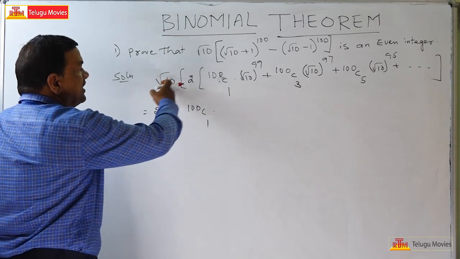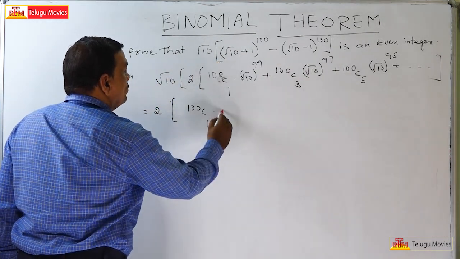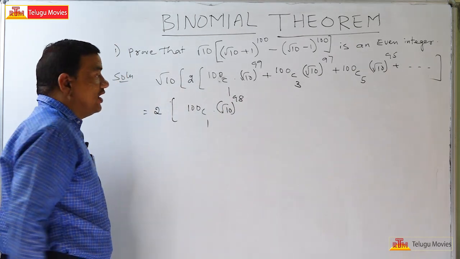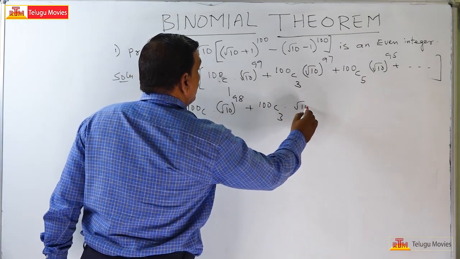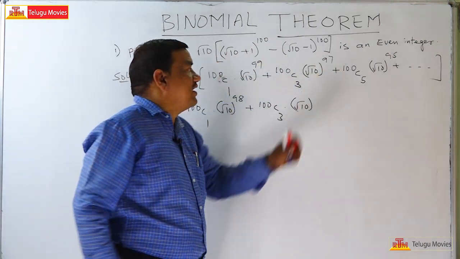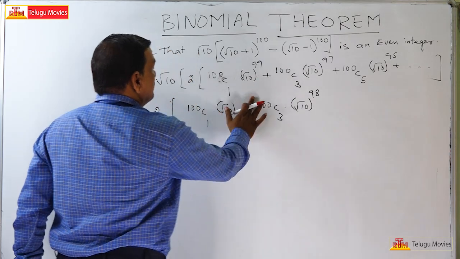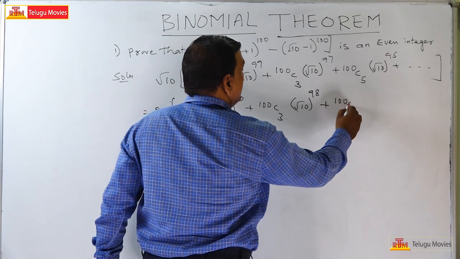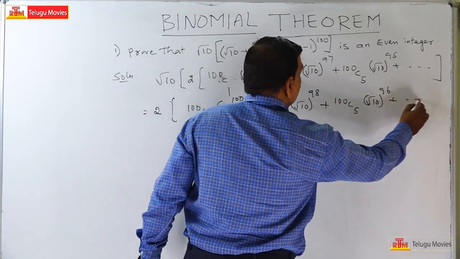So root 10 into root 10 whole to the power of 99, so this is equal to root 10 whole to the power of 98. Now plus 100c3 into root 10 whole to the power of 98, this is 100c5 root 10 whole to the power of 96 plus so on.